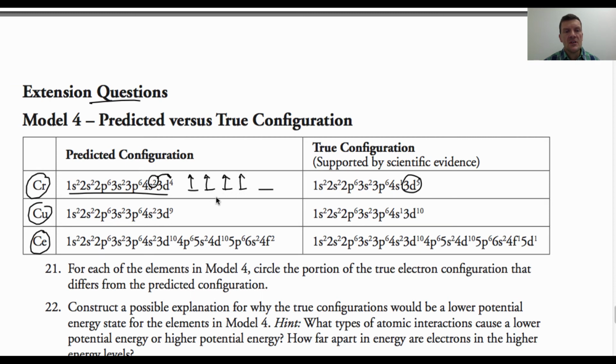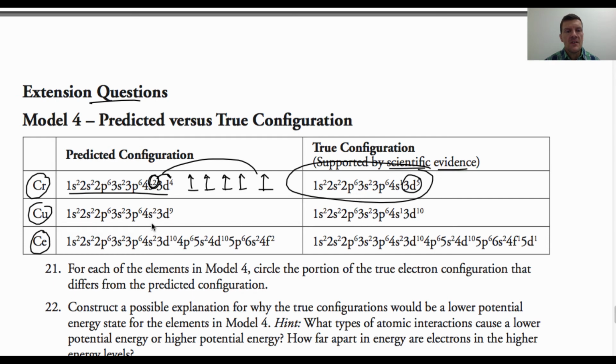So there are your d orbitals, but it's going to take one from this s and drop it in here into that 5th d orbital. That makes it a little more stable for whatever reason. Okay, so in actuality, this is what you would see for the electron configuration for chromium.